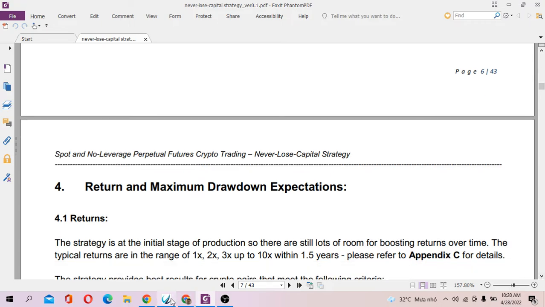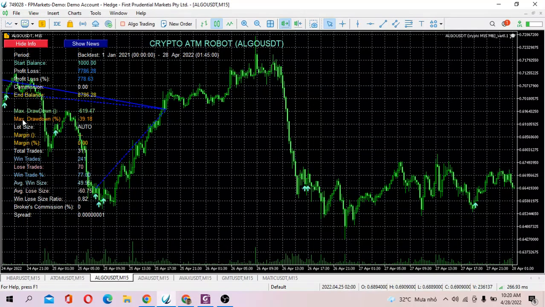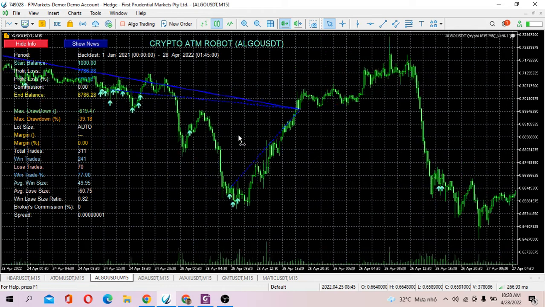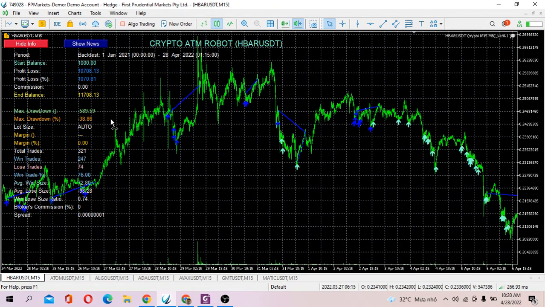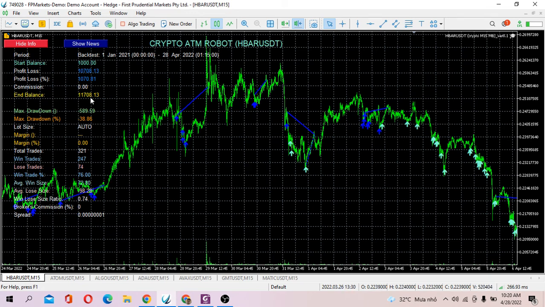Now, if you look at the max drawdown, you might say the return is 10x, but the max drawdown is about 40%, which is quite high. Yes, that's true.